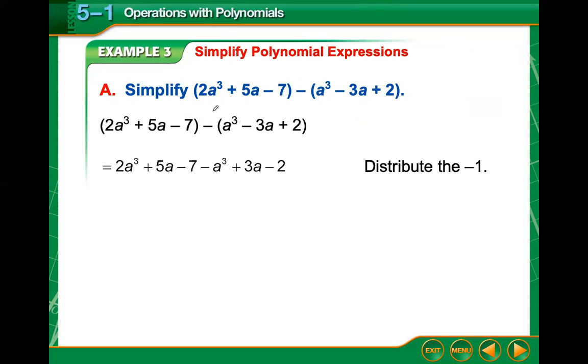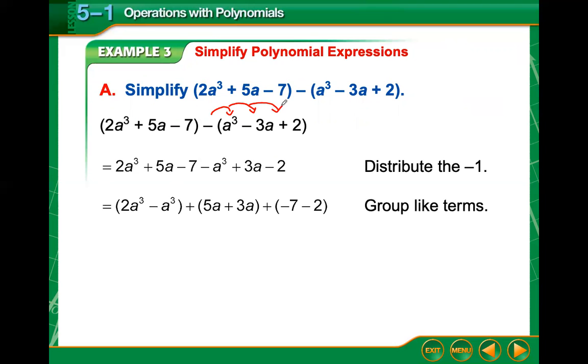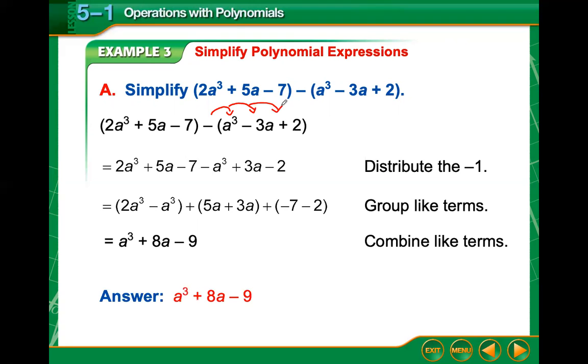By distributing this negative to all the terms, we no longer worry about subtracting, and now we're just going to combine like terms. So we have 2a cubed minus a cubed plus 5a plus 3a plus negative 7 minus 2, which when we simplify, we get a cubed plus 8a minus 9, which is our simplified form.